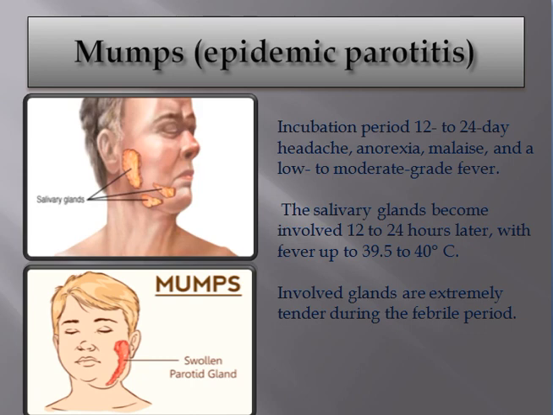Involved glands are extremely tender during the febrile period. Parotitis is usually bilateral but may be unilateral, especially at the onset. Pain while chewing or swallowing, especially while swallowing acidic liquids such as vinegar or citrus juice, is the earliest symptom. It later causes swelling beyond the parotid in front of and below the ear.